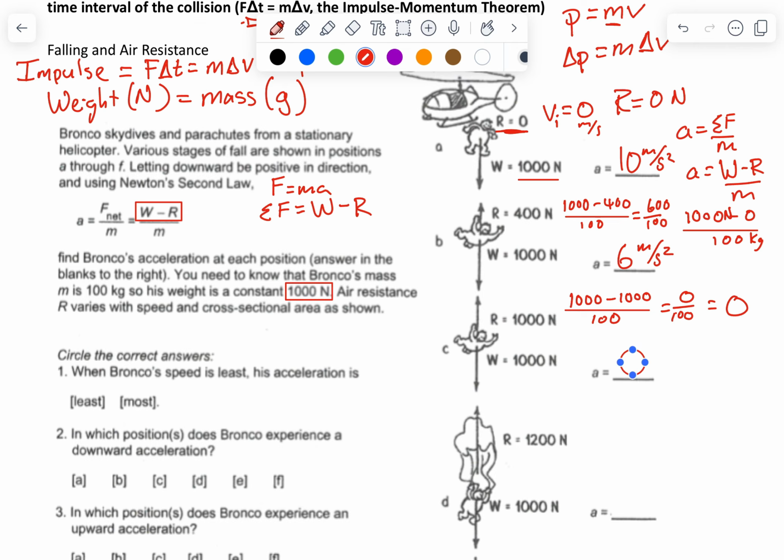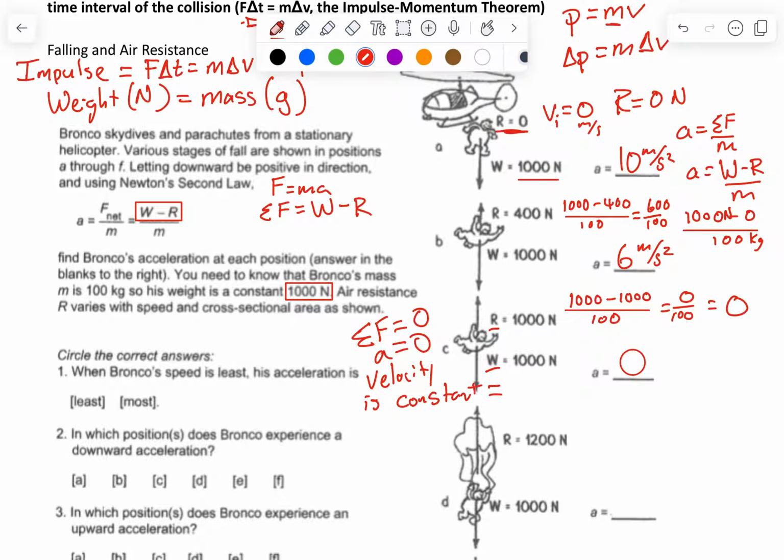And if he is not accelerating, that means he's going at a constant velocity. And this constant velocity is terminal velocity. So here, the sum of all forces is equal to 0, which means acceleration is equal to 0, which means the forces here are balanced, right? This upward force of the air resistance is balanced with this. And so we have no acceleration, and so velocity is constant.